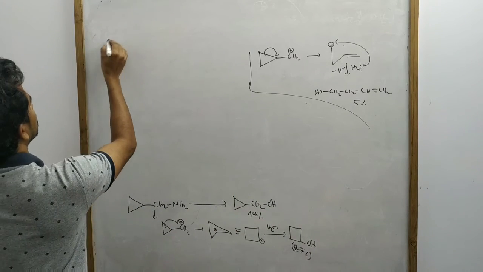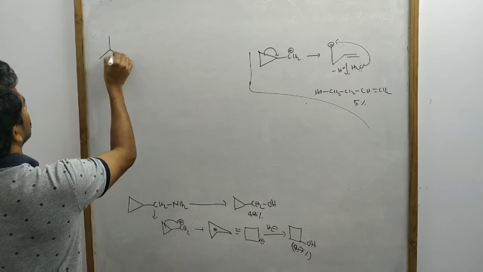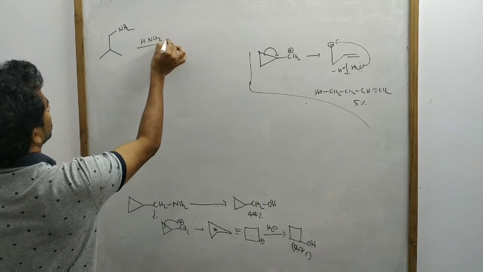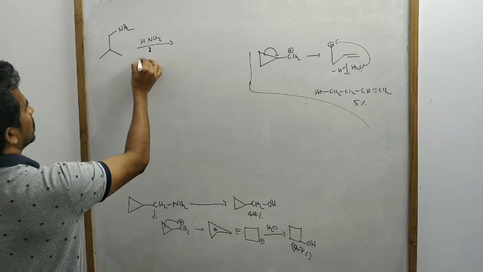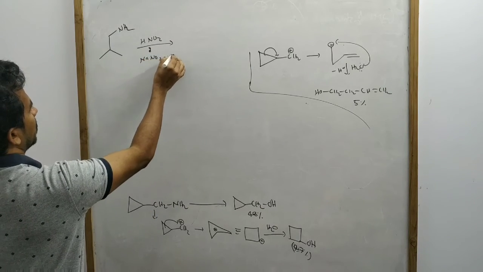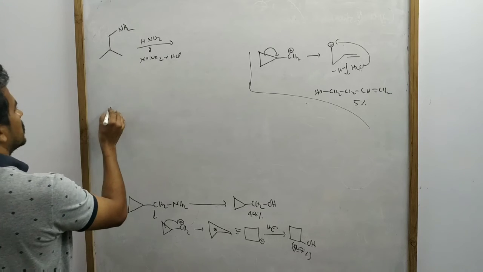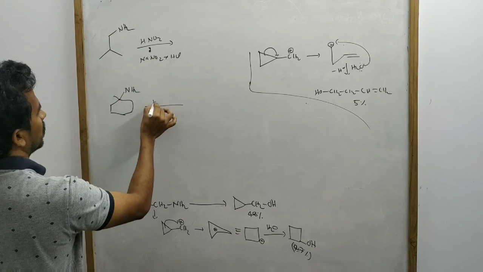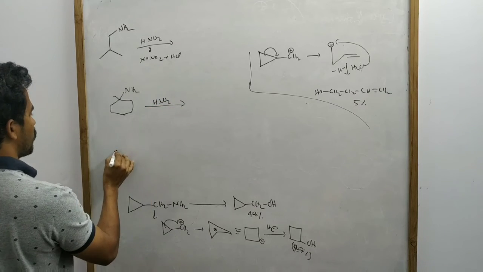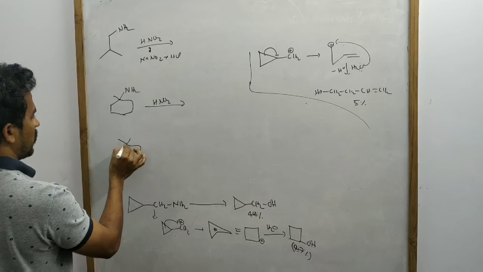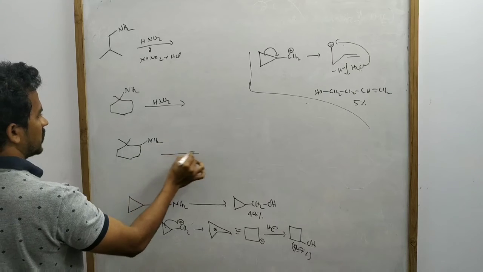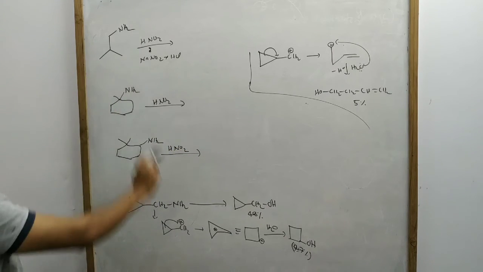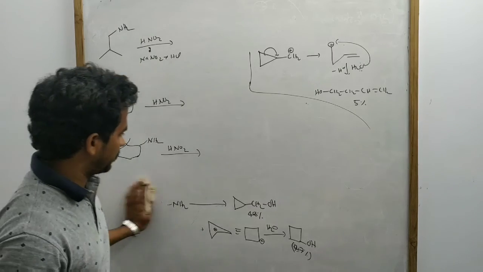Some more examples. You answer yourself. HNO2, okay, or NaNO2, HCl. NH2, HNO2. In this reaction also, carbocation is rearranged.